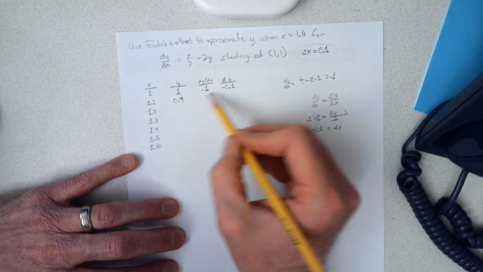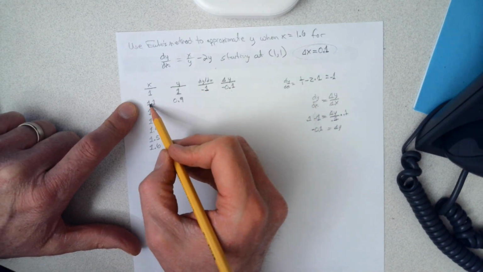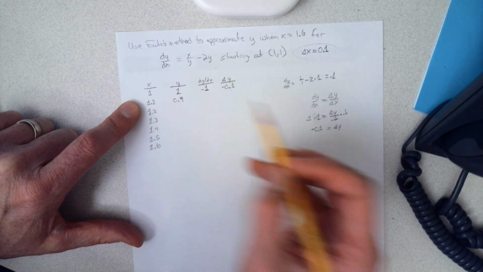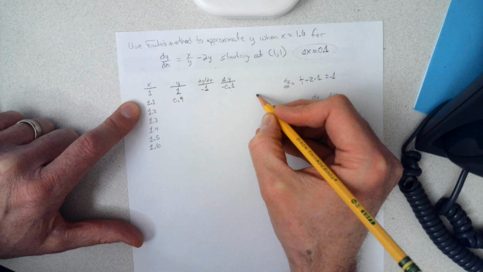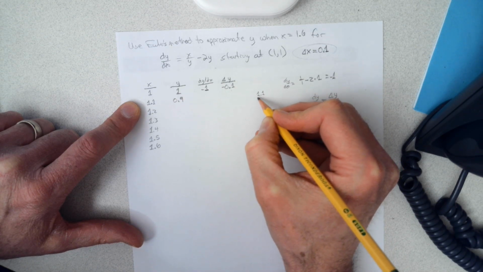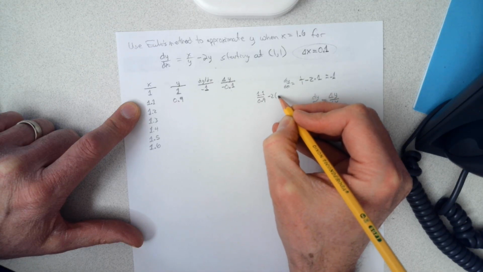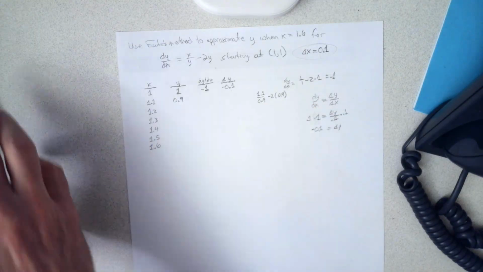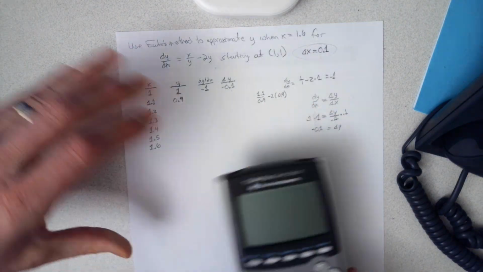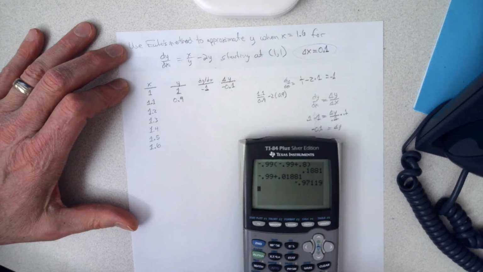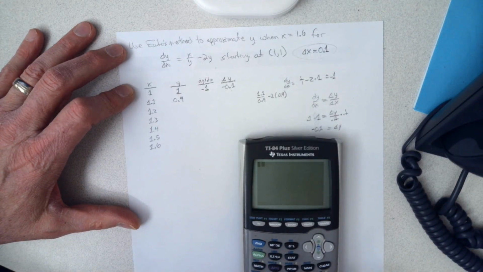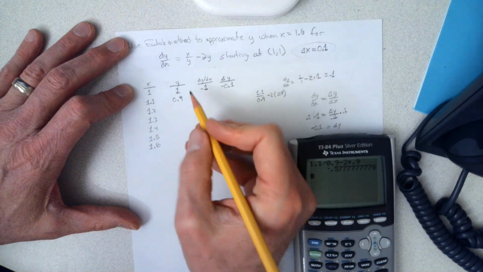And now I need to do another calculation to see what my dy/dx is from this point. Because now I'm in a different place, it should change things. So this dy/dx calculation is now going to be 1.1 divided by 0.9 minus 2 times 0.9. Okay, I'll get my calculator out and run through that. 1.1 divided by 0.9 minus 2 times 0.9 gives me a negative 0.57 repeating.